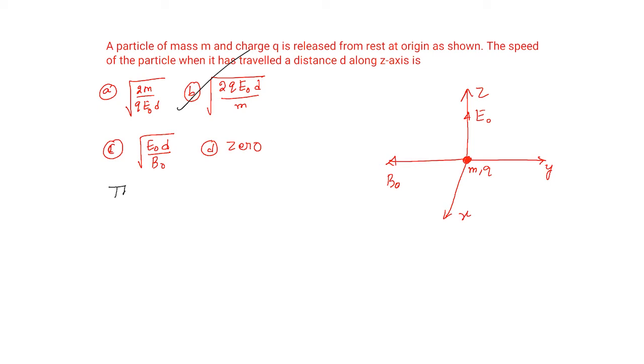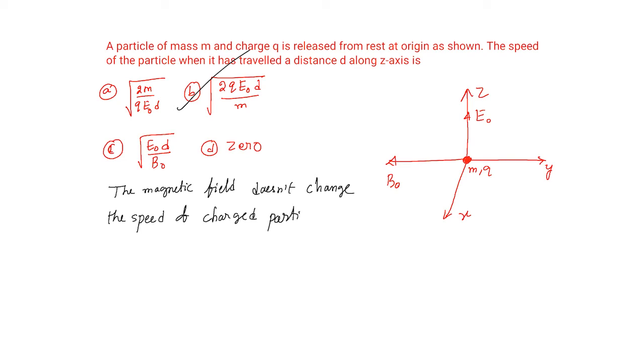Always remember, the magnetic field doesn't change the speed of charged particles. So if at all the speed is changed, it will be only by the electric field. The direction of the electric field is along the z-axis.